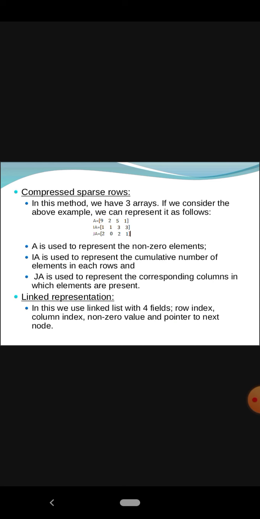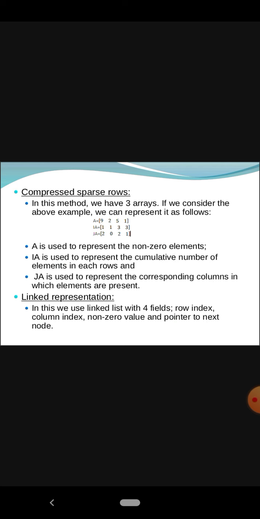And if in the next row there are two elements, we can write 3, because here we are considering the previous one as well. So 2 plus 1 is equal to 3.